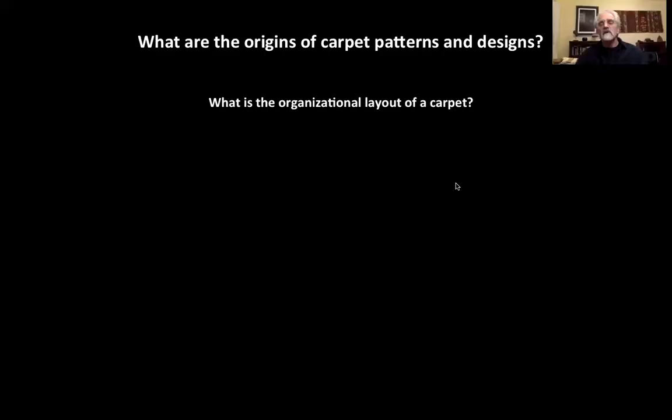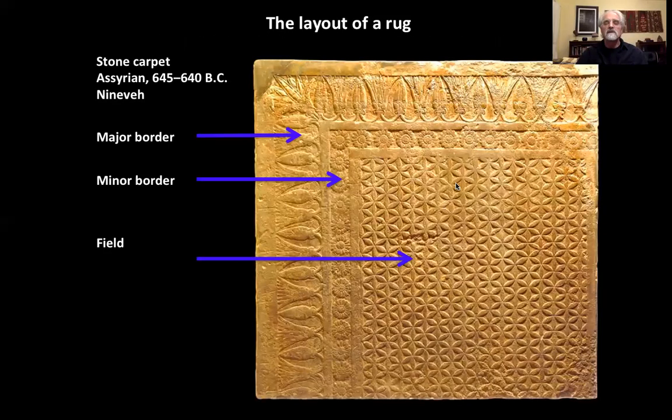Okay, now carpets have a layout. They have an architecture. What is that? And so we can see in a very early version of a carpet, I should say early to us, an example carved in stone. This is found in Nineveh, an ancient city, which is now in Iraq. And you can see the elements which persist today.